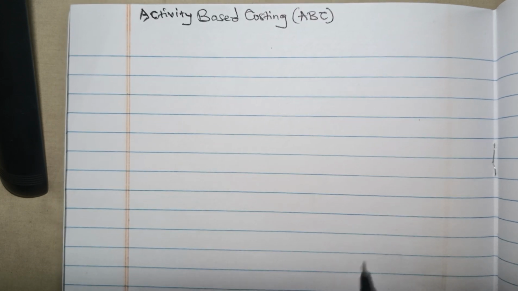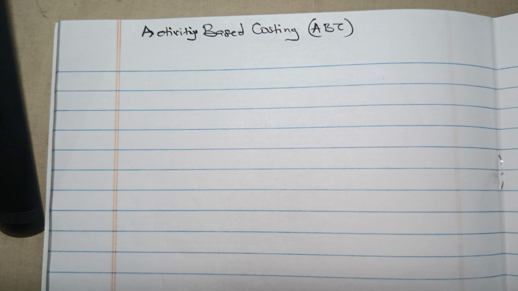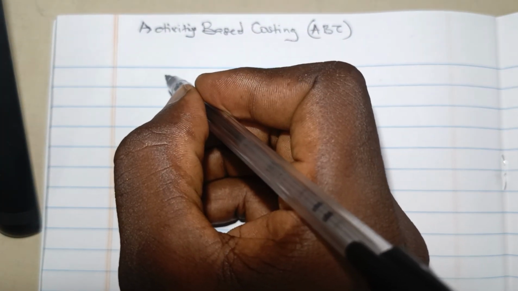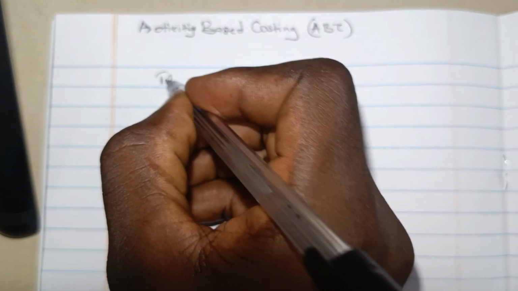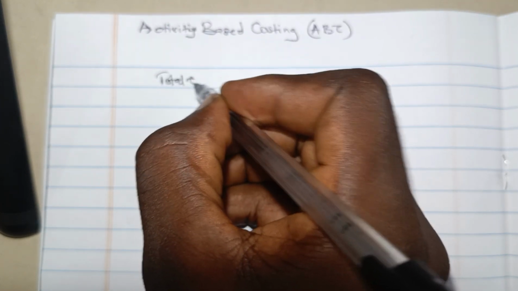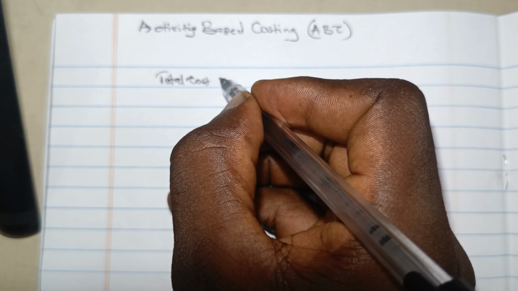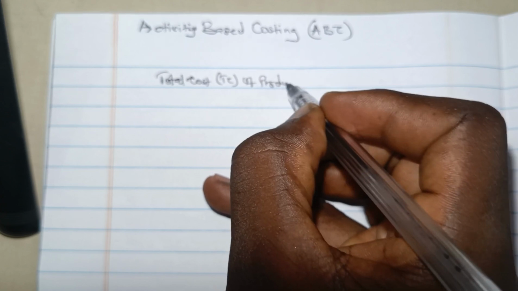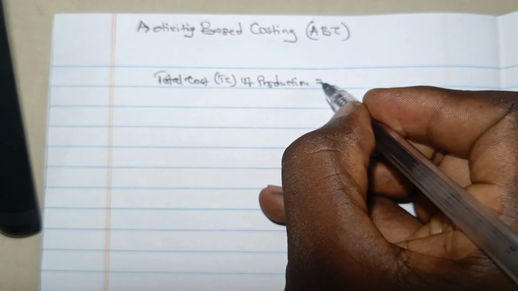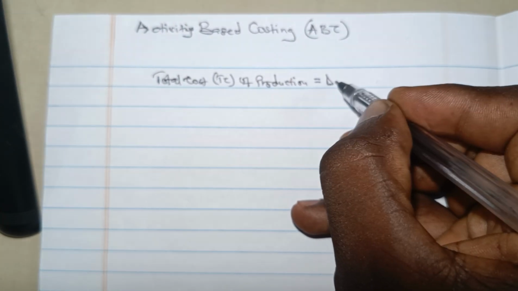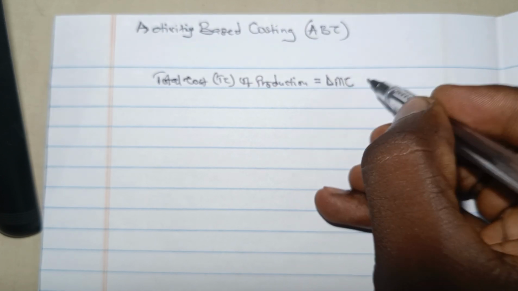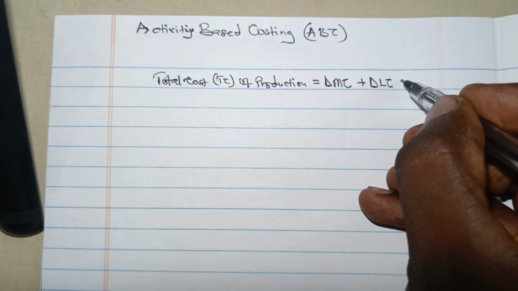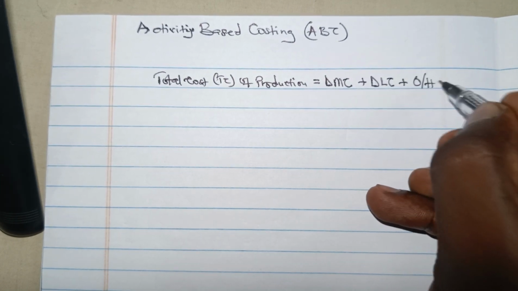Before you start a question like this, you should remember that the total cost, TC, of production equals direct material cost plus direct labor cost plus overhead cost.